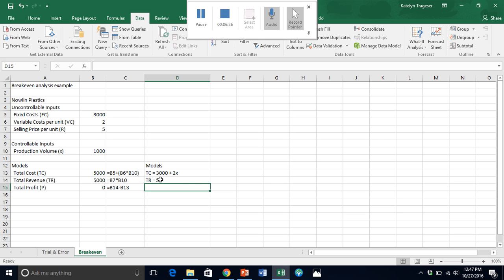And finally, our profit is equal to our total revenue minus our total cost, which is 5x minus 3,000 plus 2x. These are just handy to have in here so that you can look at your information a few different ways, and by having entered all of this, it's easier for other people to look at as well and understand what you've done here. This is it for our break-even analysis example.